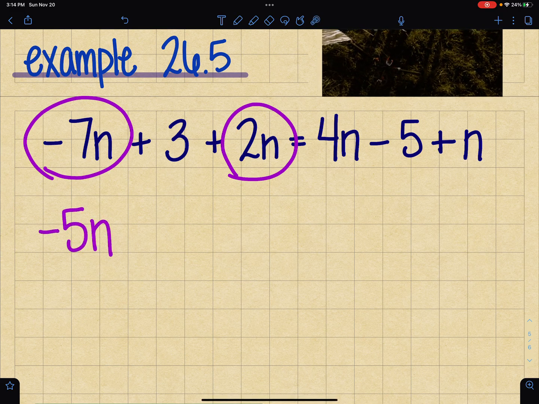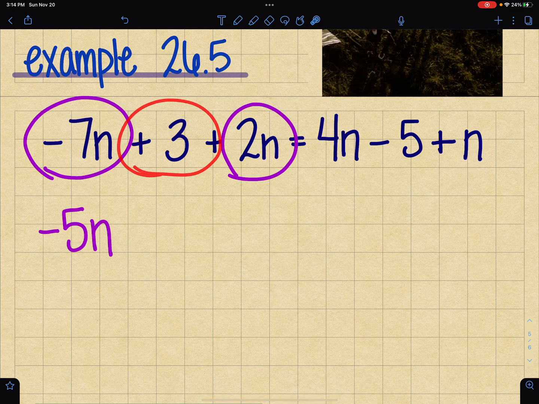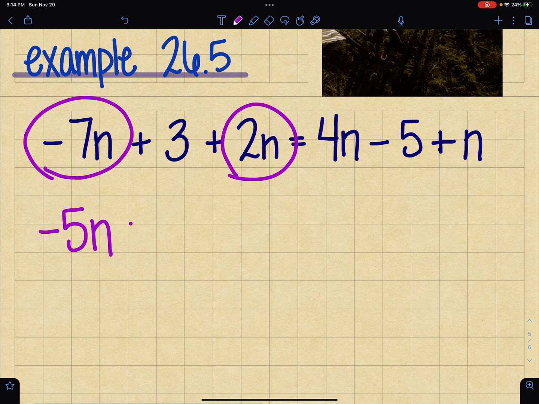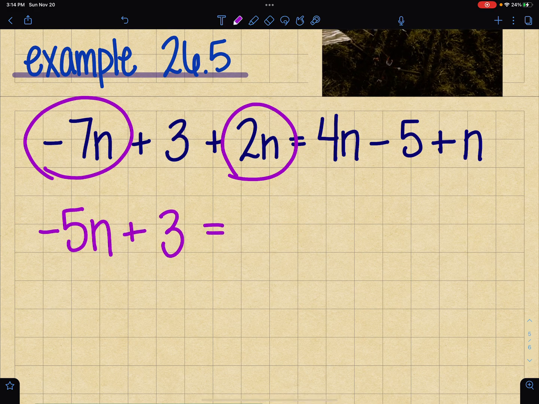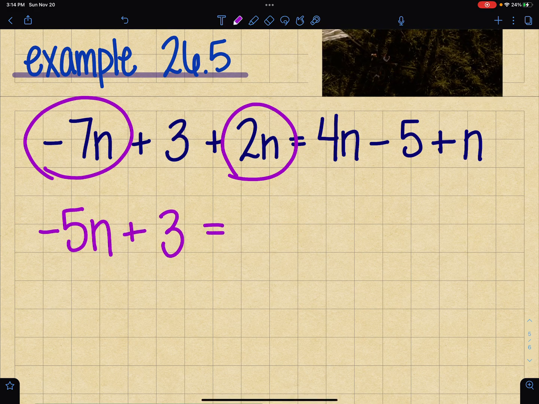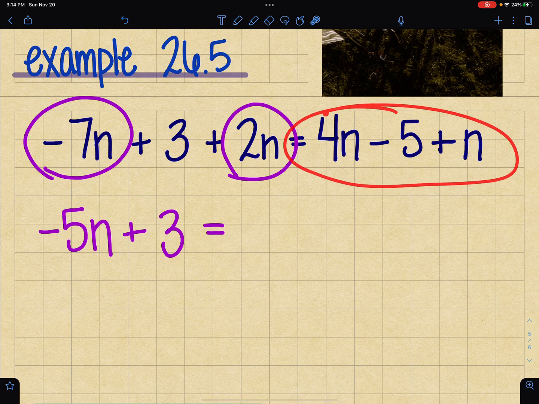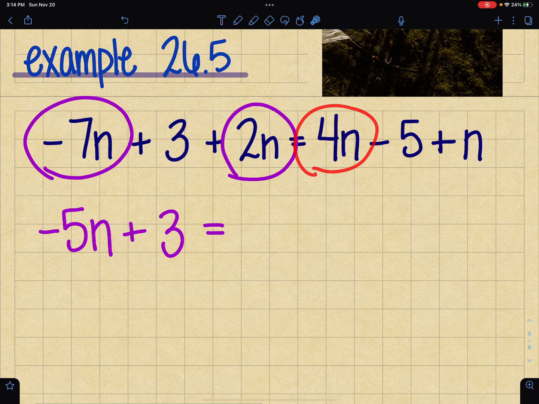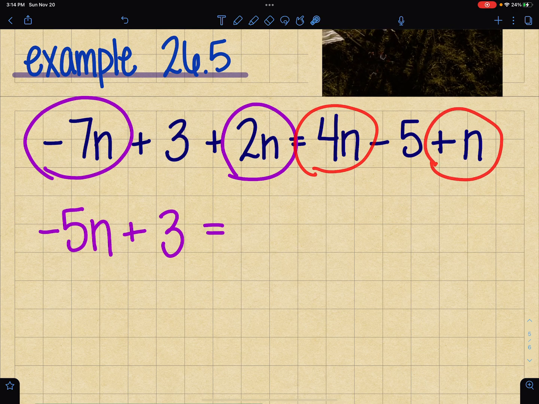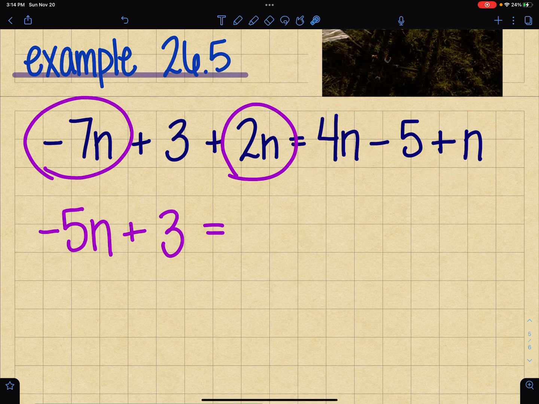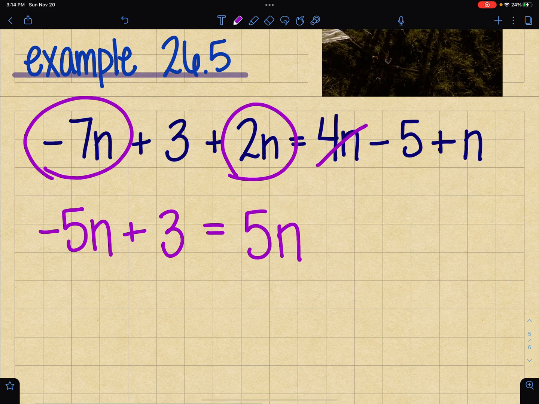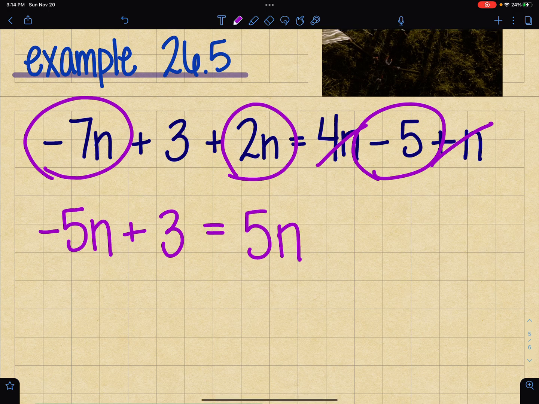Okay, and then I don't see anything else on the left-hand side of the equation because the equal sign is there. So I'm just going to bring down that plus 3. Okay, now let's focus on the right-hand side of the equation. Are there any like terms we can combine? Yeah, there's a 4n, and there's a regular n, which is a 1n. So 4n plus 1n is 5n. And then I'm left with just this negative 5, so let's bring that down.